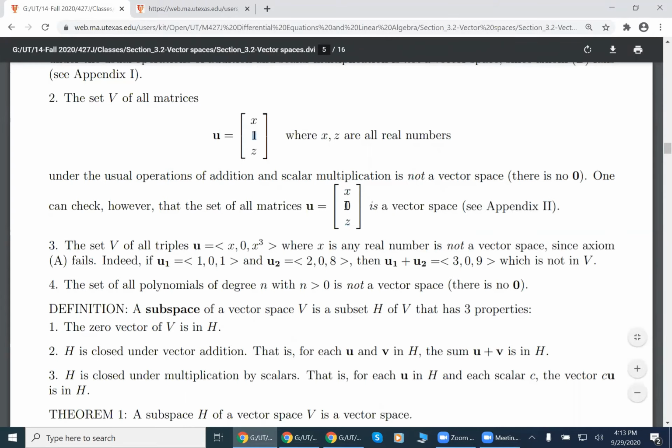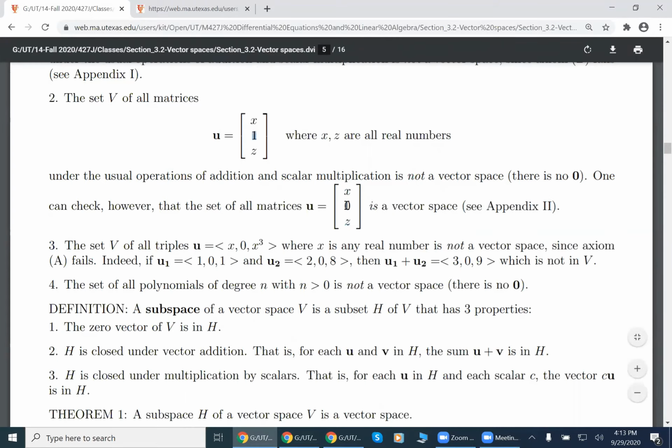Now, you can ask me the following question. How come that our subset satisfies only 3 properties out of 10 properties, and all of a sudden it is a vector space again?